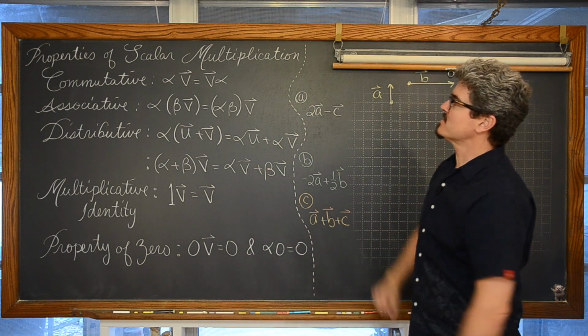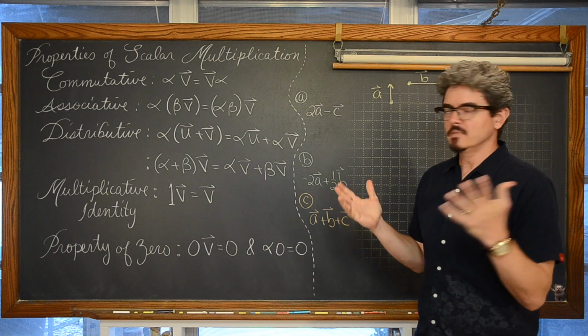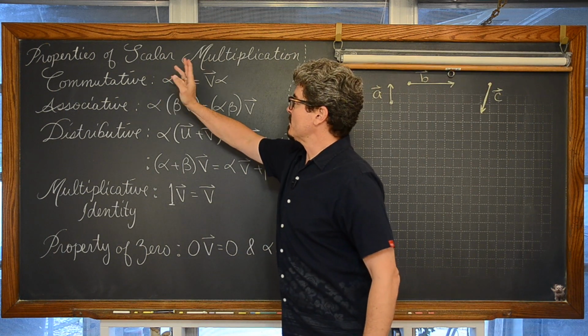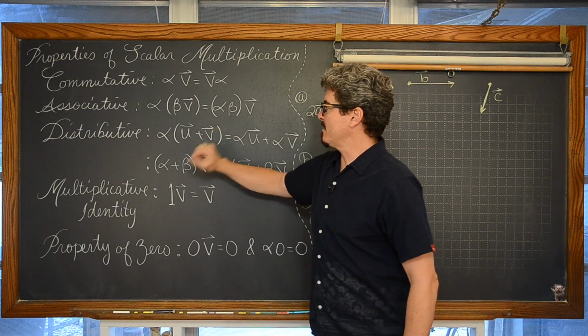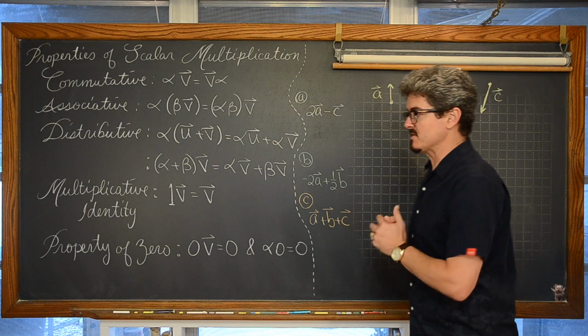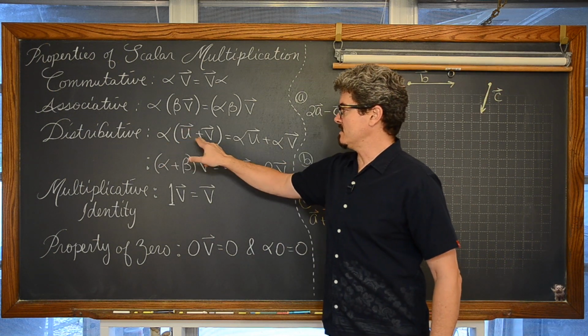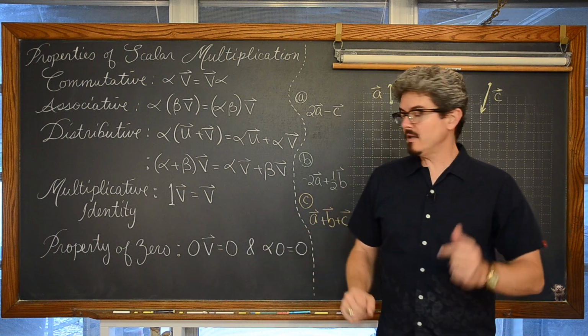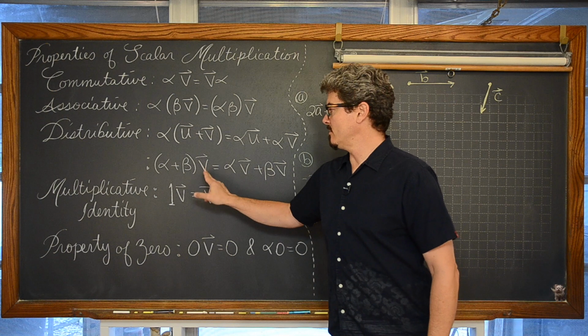So we have the properties of scalar multiplication, very similar to your addition. With scalar multiplication, we have the commutative property, the associative property, the distributive property, just like you would expect, even just working with some basic algebra, where you have a scalar multiple going into the sum of 2 vectors. And if you've already added 2 scalars, you can apply that to the multiplication of that vector.